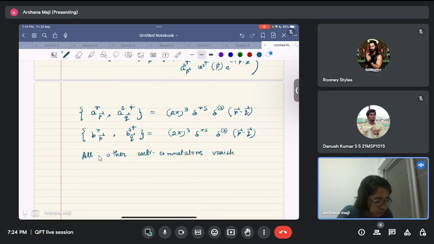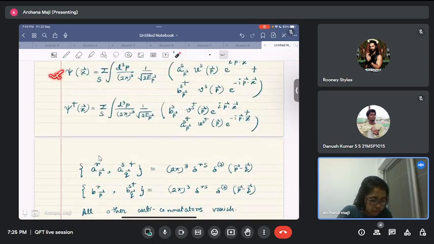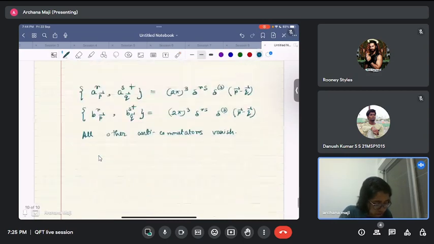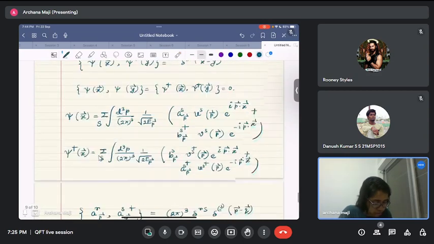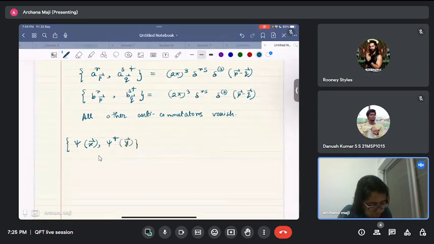So we want to check this statement. We will start with the psi and psi dagger expressions, use this property and try to get this. Okay, that is what we want to do first. So let's proceed. So psi(x), psi dagger(y), this anti-commutator we want to find out.